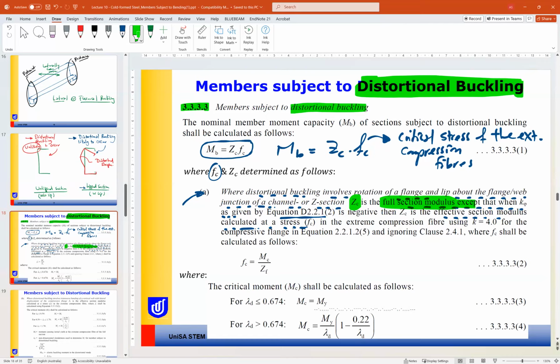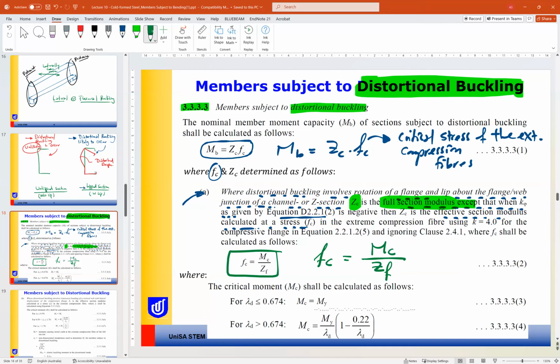And FC, similar to before the first case. So FC again equals MC, the critical moment, divided by ZF. So the difference is what is MC in this case and what is MC in the lateral buckling case. So each of the symbols or parameters are the same, but how to find them, this is the difference.